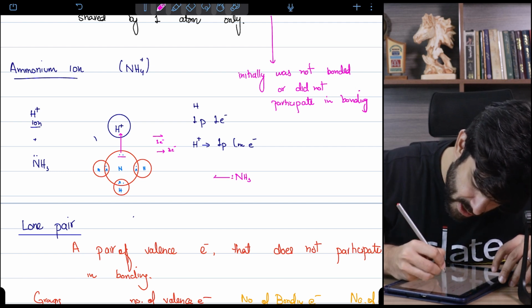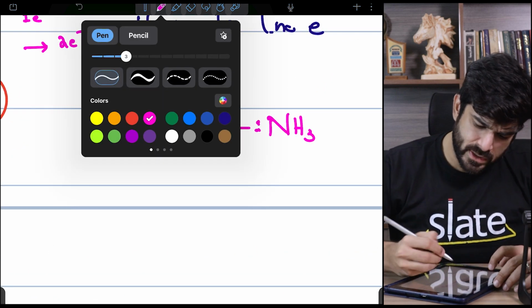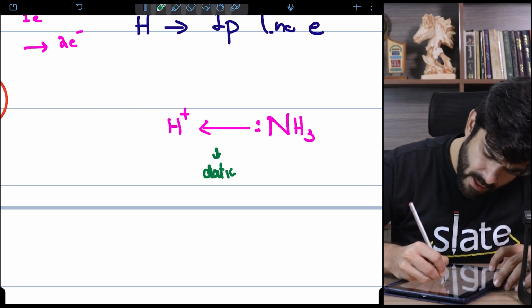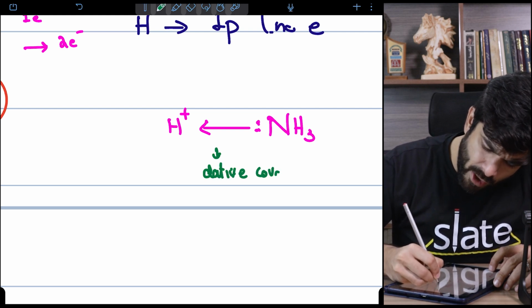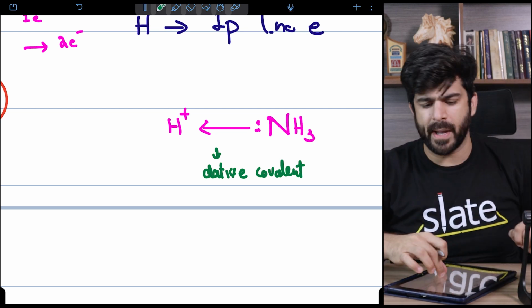The arrow comes there, H plus. And this arrow, my students, is the arrow of dative covalent bond. Dative covalent bond is shown by an arrow. Simple bond with simple lines, dative covalent by an arrow.